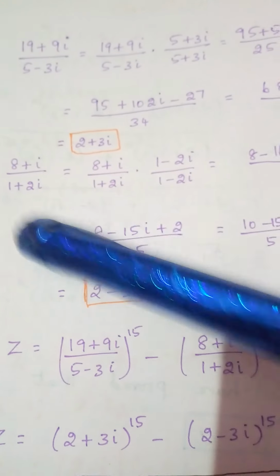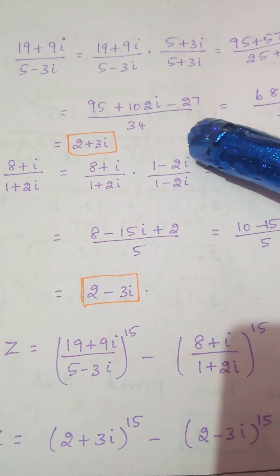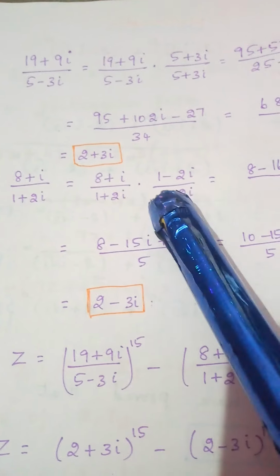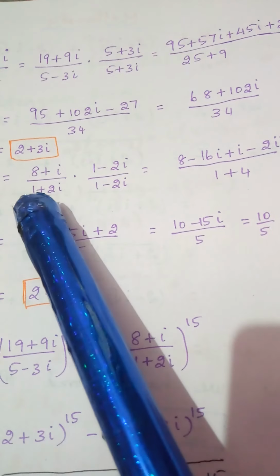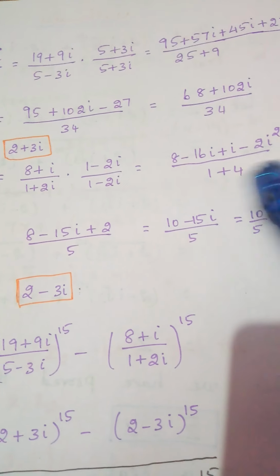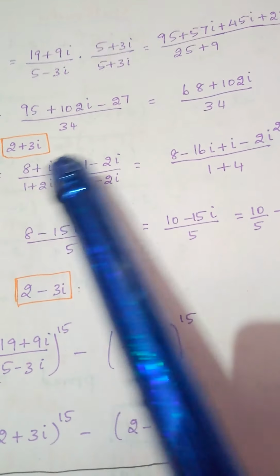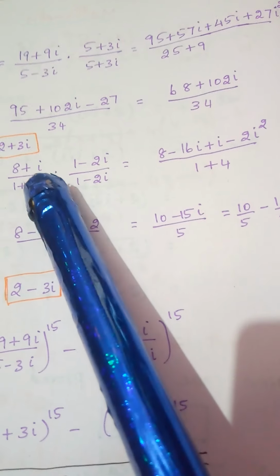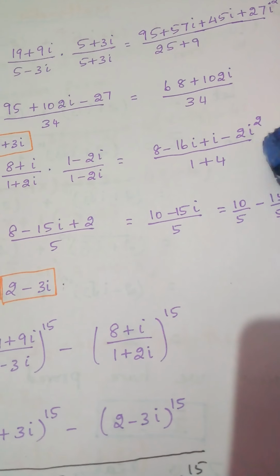Again, (8 plus i) by (1 plus 2i). Taking the conjugate, 1 minus 2i into 1 minus 2i. Say this is (a plus ib)(a minus ib). What is the formula? a square plus b square, which means 1 square plus 2 square, 1 plus 4. Term by term multiplication for the numerator: 8 ones are 8, 8 into minus 2i is minus 16i, i into 1 is i, i into minus 2i is minus 2i square.